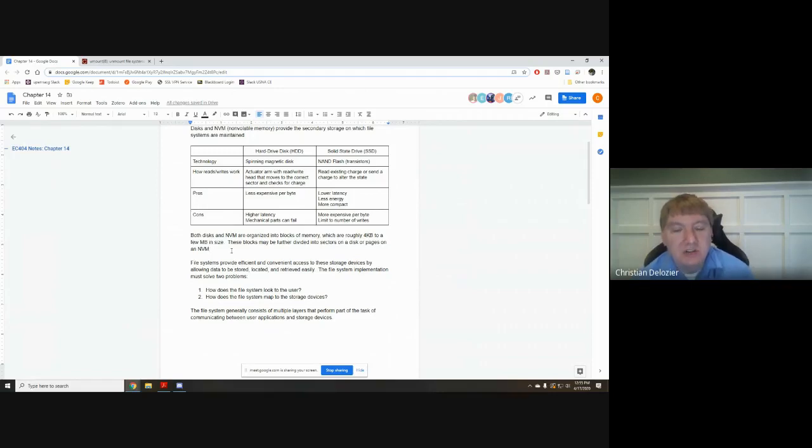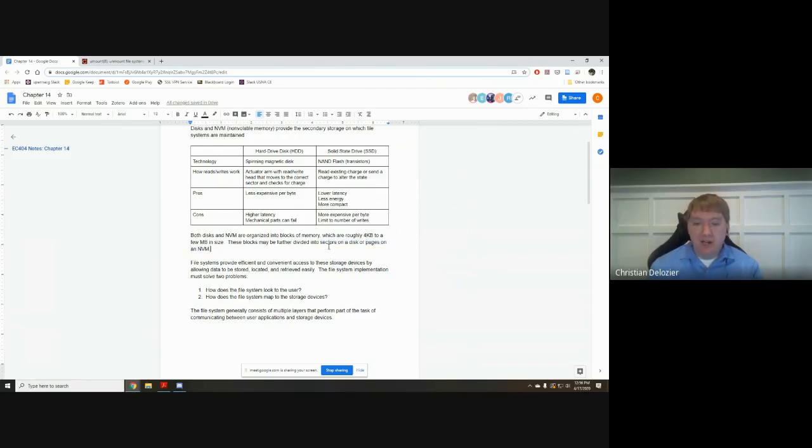So this is the general setup for HDDs versus SSDs. Both are organized into blocks of memory, roughly 4 kilobytes to a few megabytes in size, depending on the structure. These can be further divided into what we call sectors on a disk or pages on an NVM.